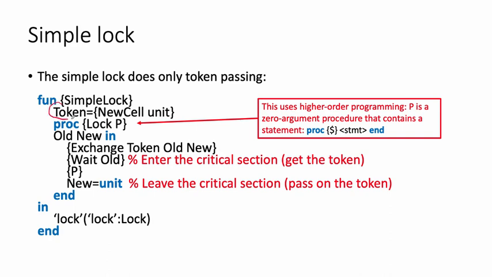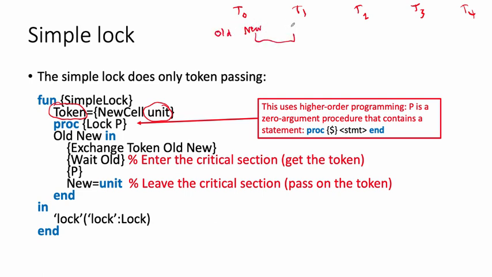So the token is actually going to be stored in a cell. And we're going to use this special constant value. So the idea is that if you have a bunch of threads trying to get in, let me make a bunch of threads here. All of the threads want to get in. Each thread will get two variables, an old one and a new one.